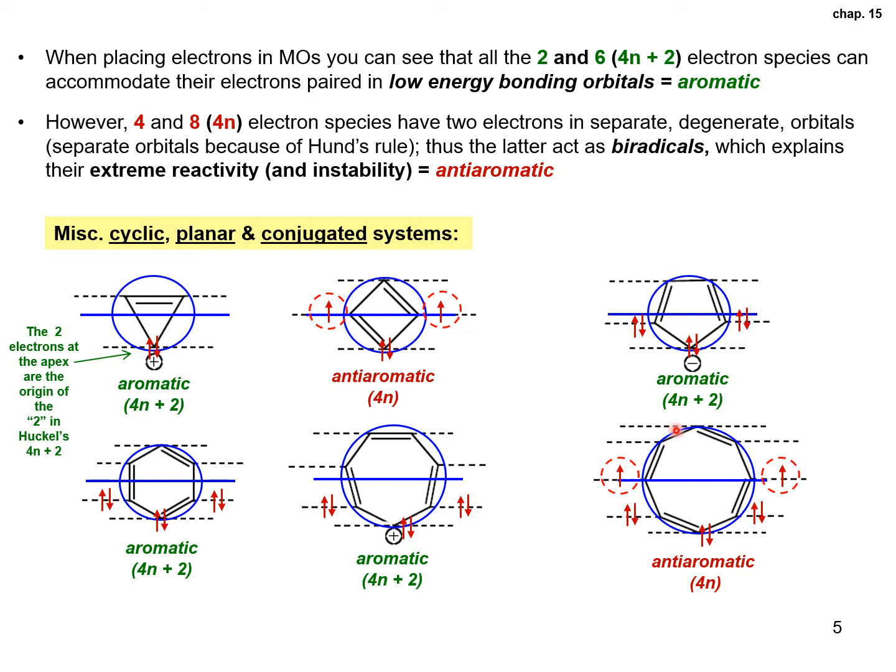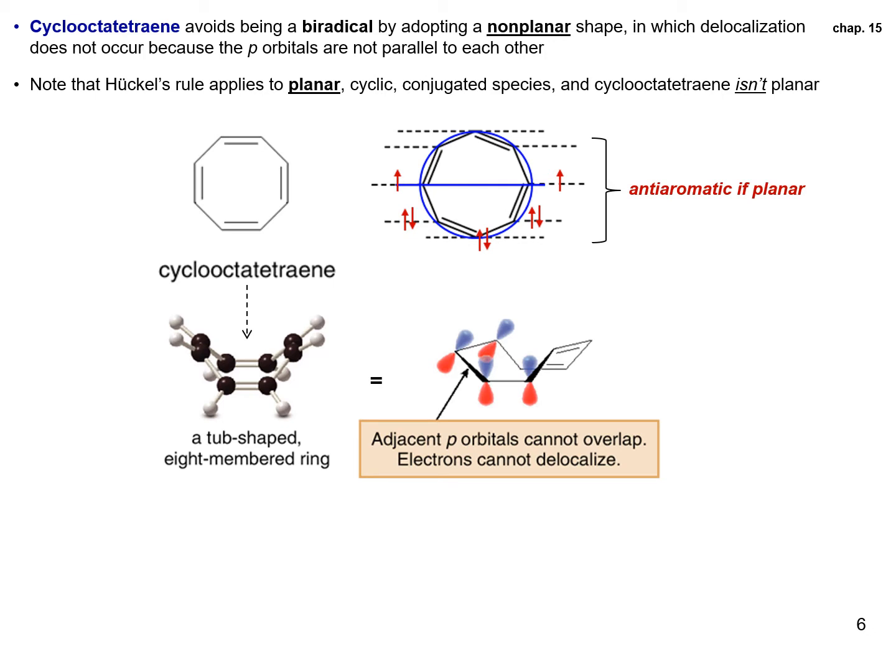And you've learned that a radical is a reactive mechanistic intermediate, and they are very reactive. So that's making these anti-aromatic compounds unstable. Therefore, anti-aromatic compounds, because of their biradical nature, are particularly high energy, reactive, unstable.